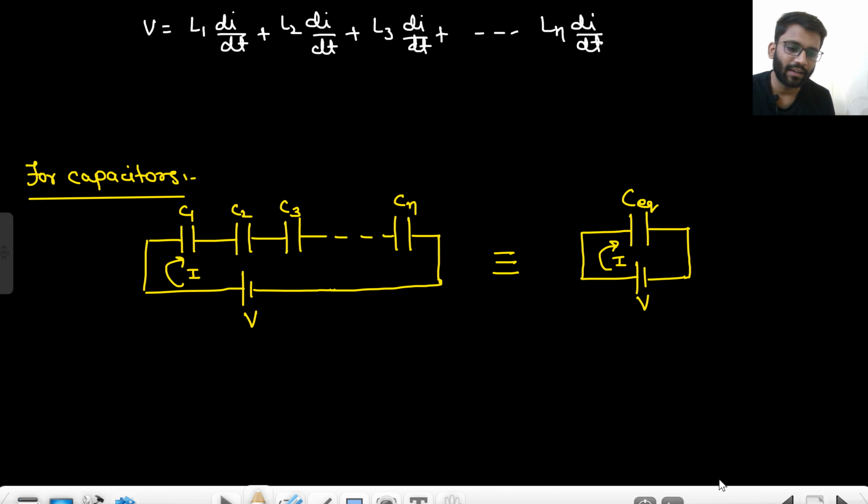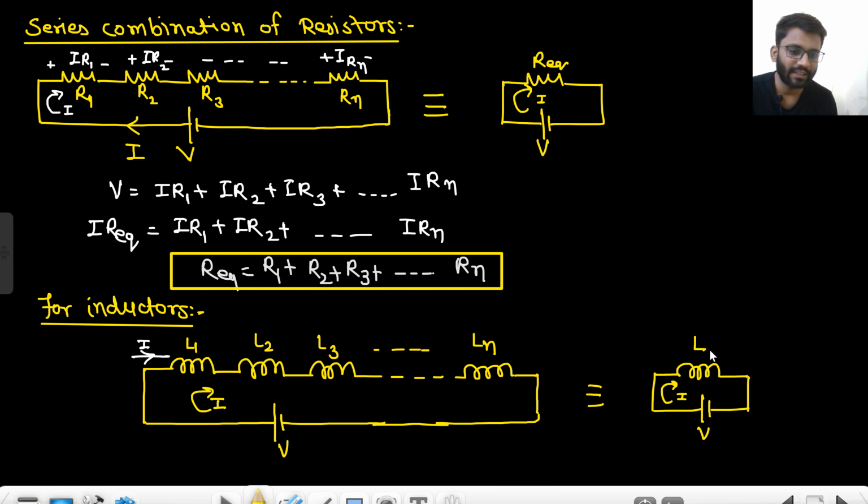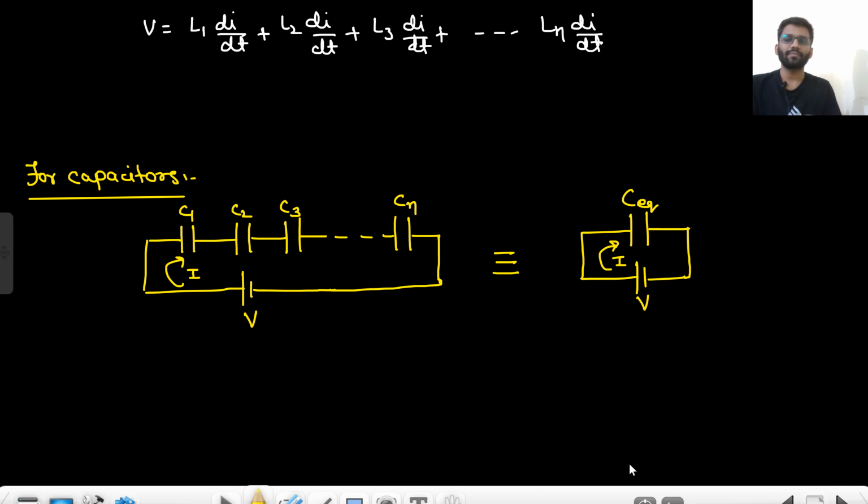Also, here I replace this complete combination with L equivalent, just as in the resistor case I replaced this complete configuration with R equivalent.